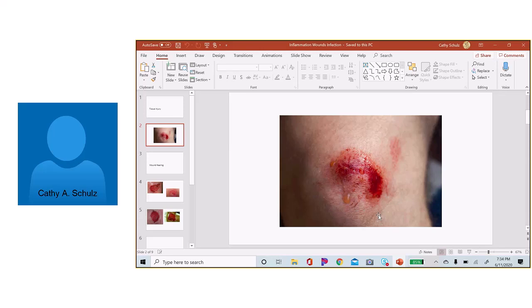So when we look at a wound, we can say, okay, this had to have happened because the tissue injury led to the degranulation of mast cells that releases histamine, that causes constriction of the arterial side to help contain any bleeding, and dilation of the venous side to help trap whatever the injury is.